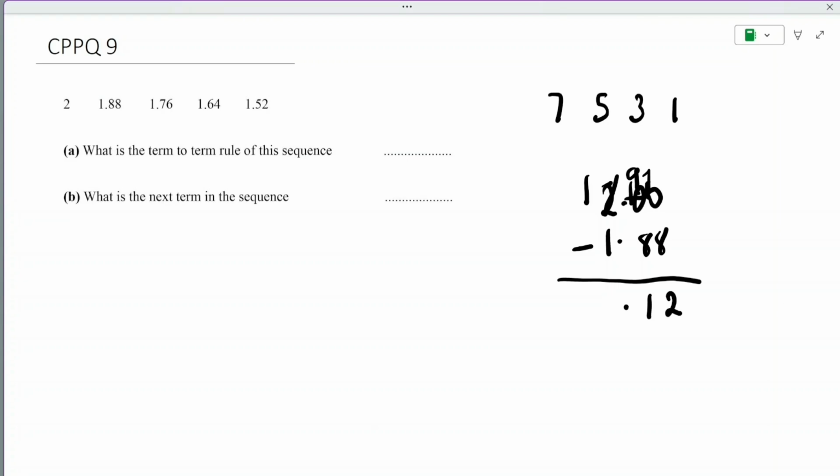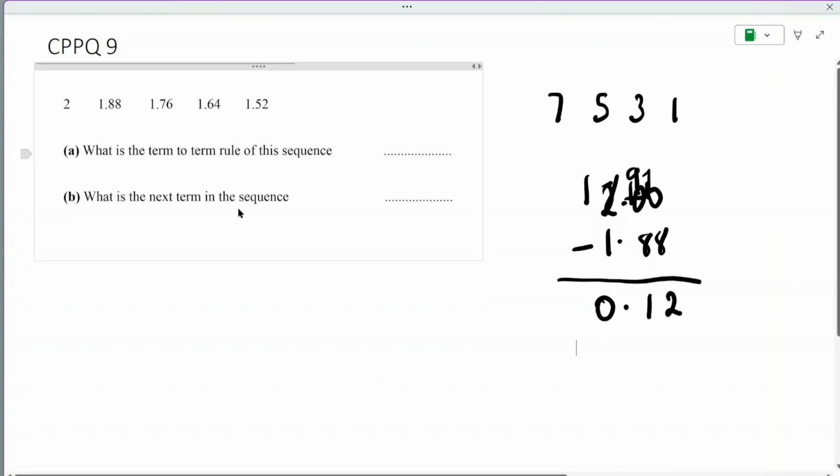Then you have your decimal. 1 minus 1 will give you 0. So that means for this 2 to drop to 1.88, we need to subtract 0.12 from 2.